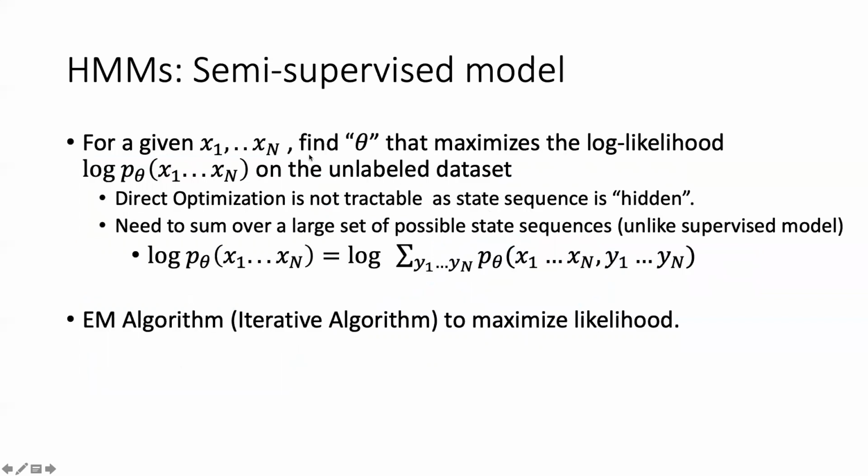Direct optimization is not possible as the state sequence is hidden, which needs a sum over all possible state sequences. So in order to address this problem, we use the EM approach to iteratively estimate the parameters which maximize the likelihood of the data.